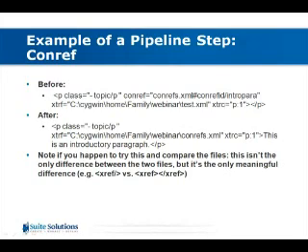Now we can see that the xtrf attribute has changed. It's not because this step is rewriting all different kinds of attributes that we have. It's that all the Conref step is doing is exactly what the Conref feature does. The Conref feature says we're going to replace one element with another element.